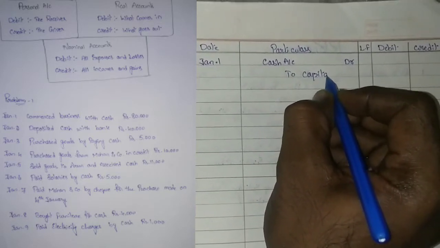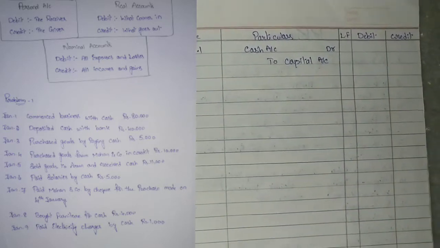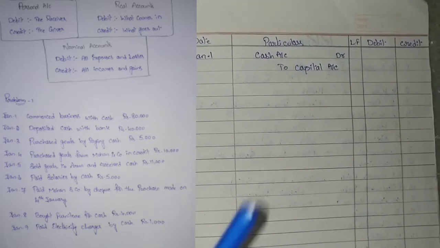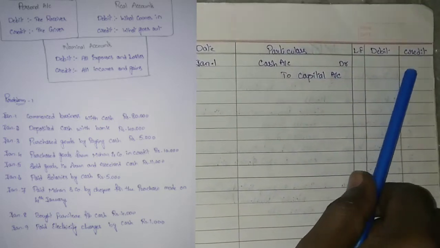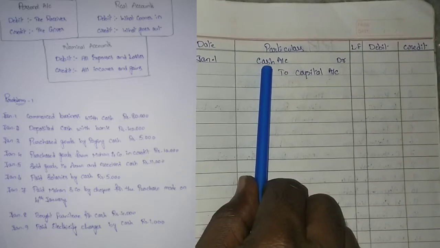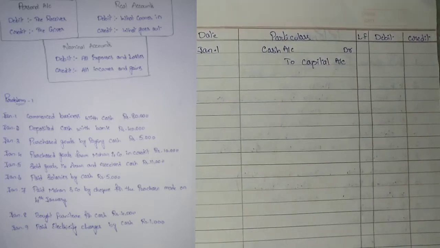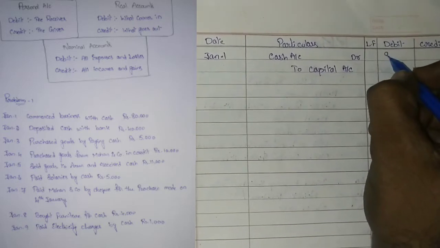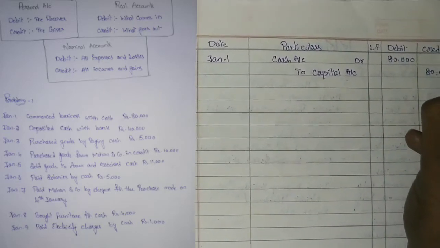So means here the amount is coming into the business organization. So the whatever the amount we are getting into business, that will be considered as the capital. So that should be recorded on the credit side, and the cash is invested, so it should be recorded on the debit side. So the amount is 80,000 rupees on both debit as well as on the credit columns.